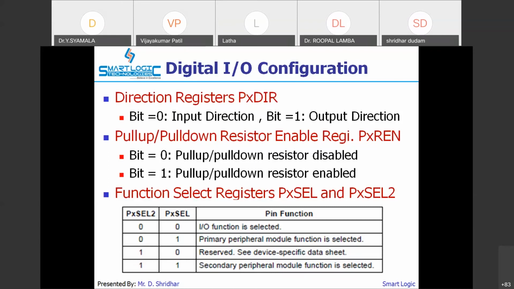Then you can enable the pull-up and pull-down resistors. There is an SFR for that, PxREN, like P1REN, P2REN. These are very important for configuration of the digital IO, the GPIO.